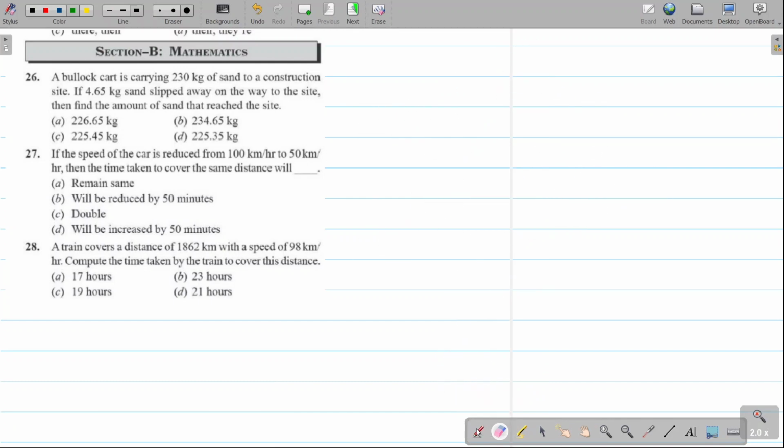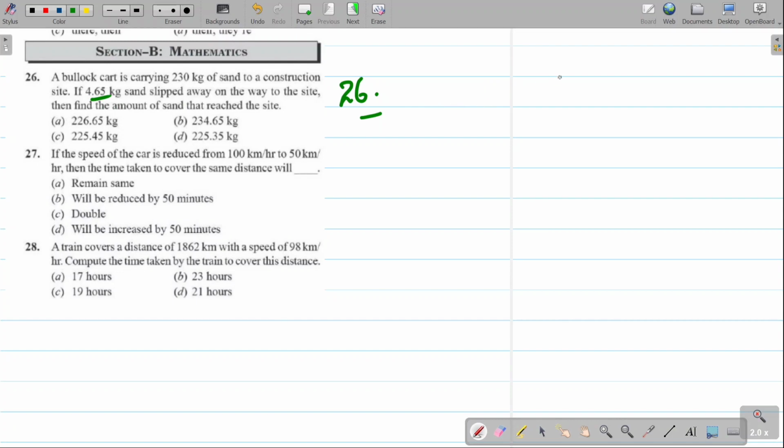So without wasting any further time, let's start with the very first question, question number 26. It says a bullock cart is carrying 230 kg of sand to a construction site. If 4.65 kg of sand slipped away on the way to the site, then find the amount of sand that reached the site.